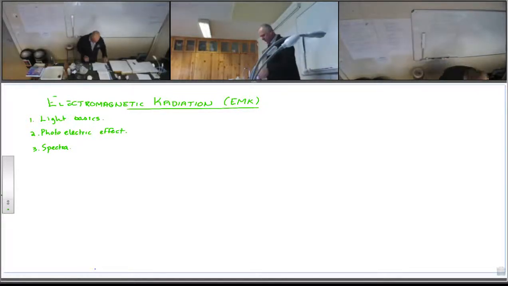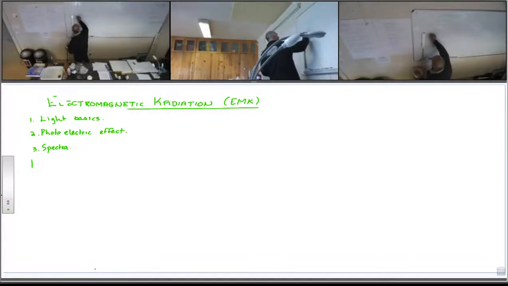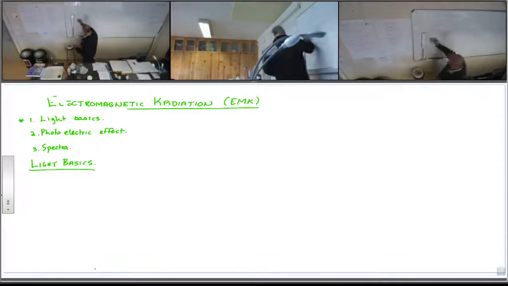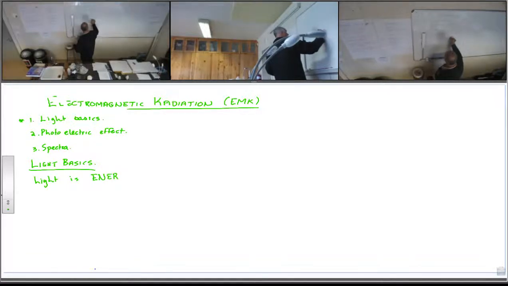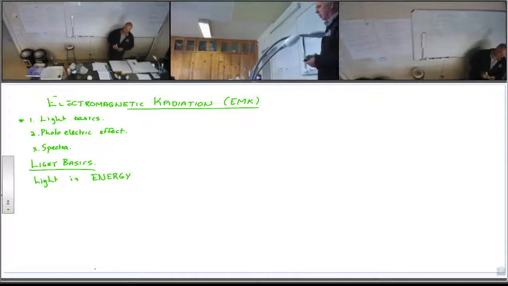So that's step number 1. Light basics. Step number 1: light is a form of energy. I will give you notes, you don't have to write it down.